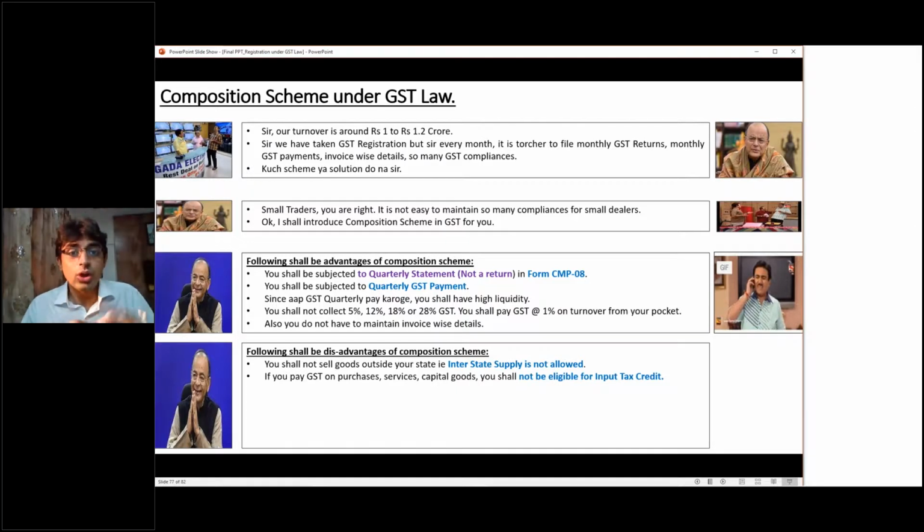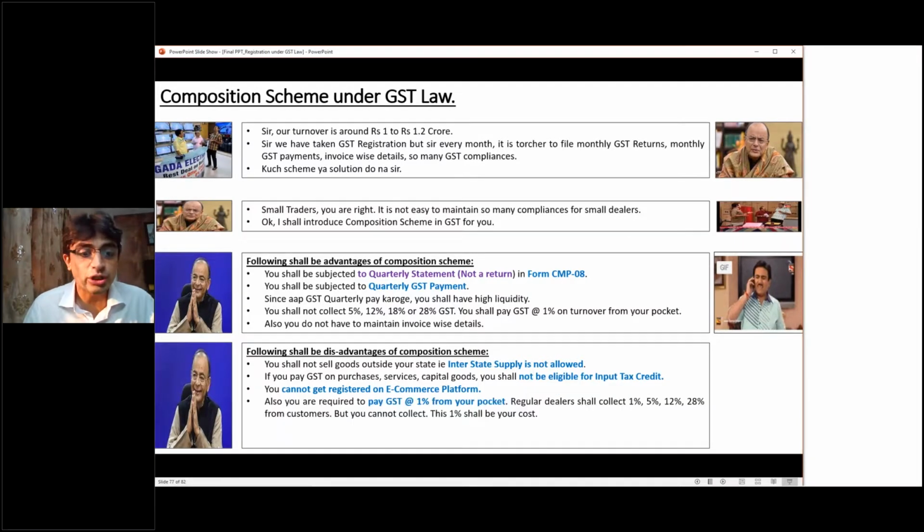Second, on purchases, whatever GST I have paid, I am not going to get input tax credit. Third, you cannot get registered on Amazon, Flipkart, Myntra, nothing.